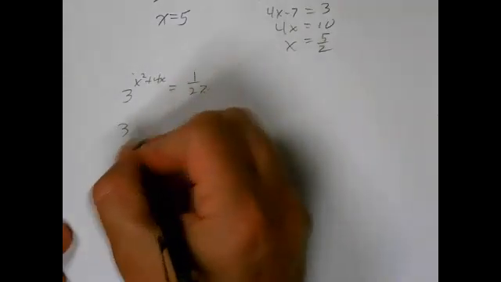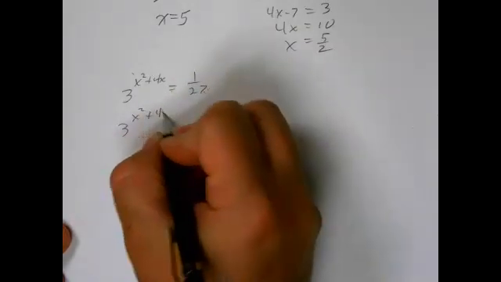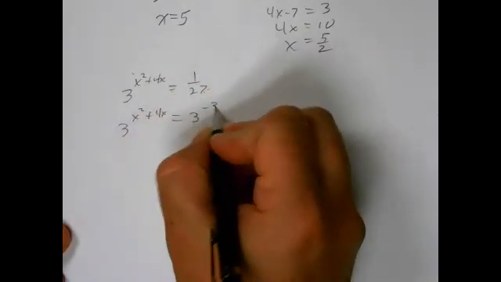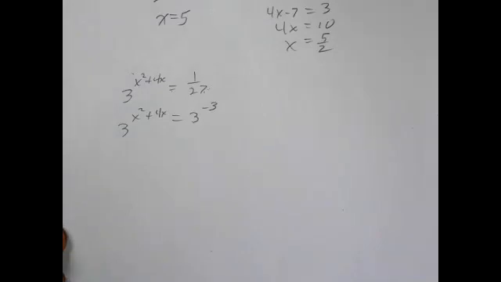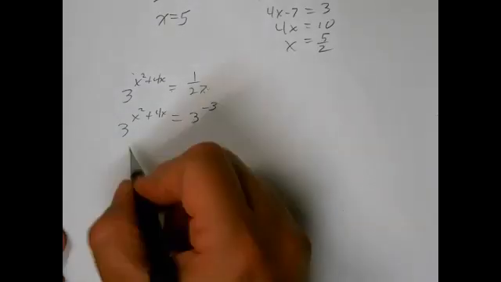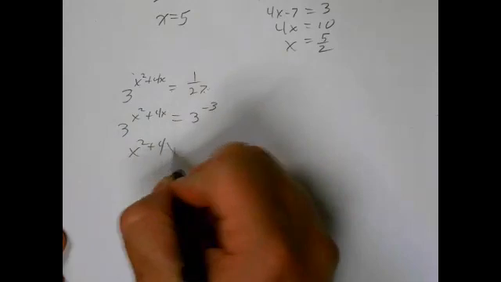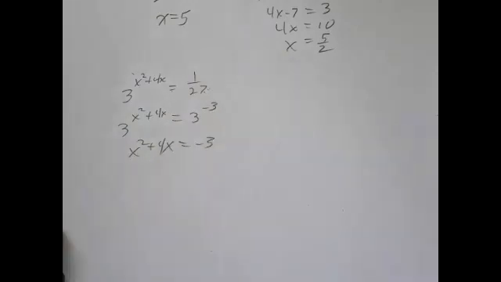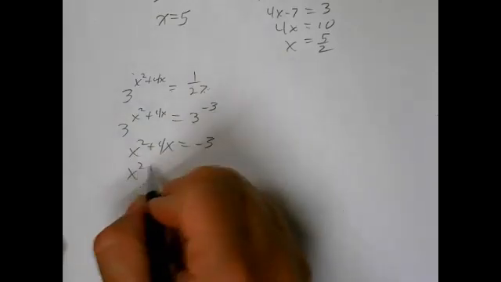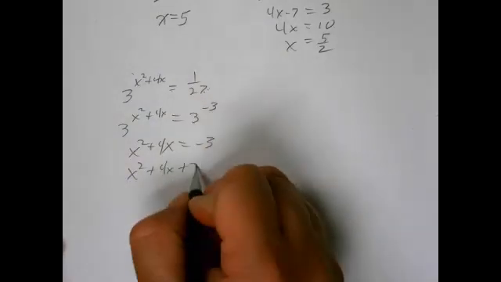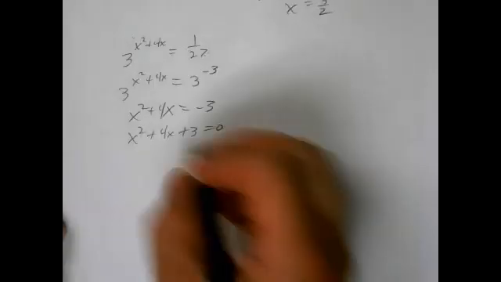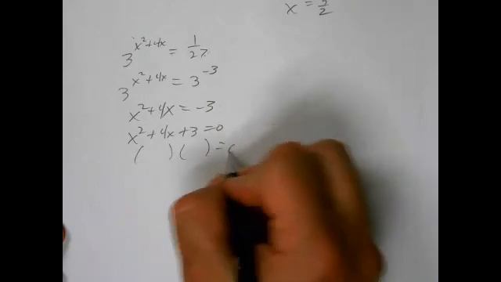So 3 to the x squared plus 4x is equal to 3 to the negative third power. Since the bases match, the powers have to match. I'm going to set this equal to 0 because it's a quadratic. I'm going to factor it.